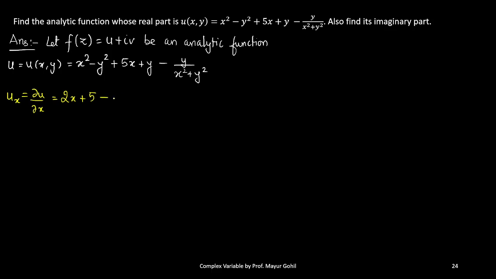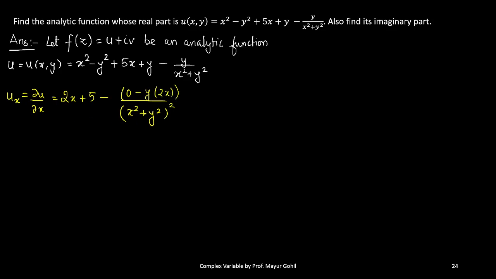So it is minus, denominator square, x square plus y square the whole square. The first term, x square plus y square into the derivative of y with respect to x, is going to be 0. So here it is 0 minus y times the derivative of the denominator with respect to x, which is 2x.